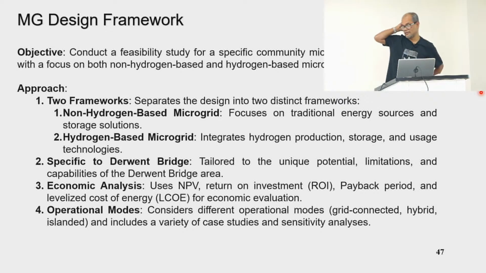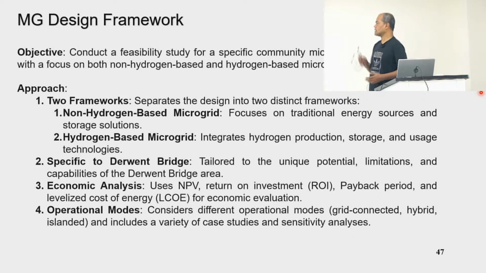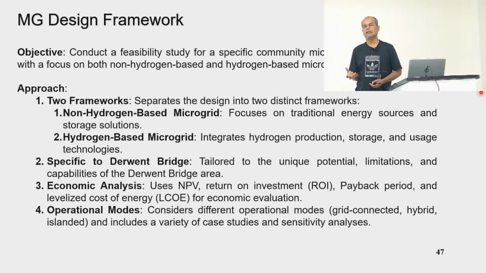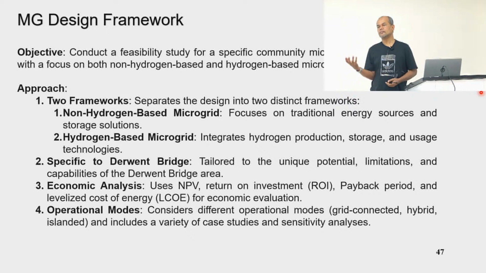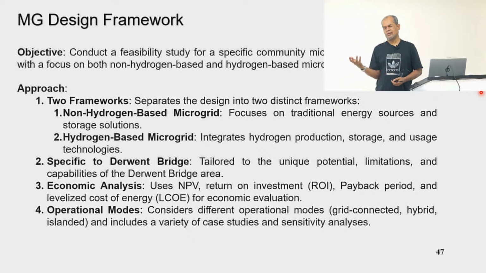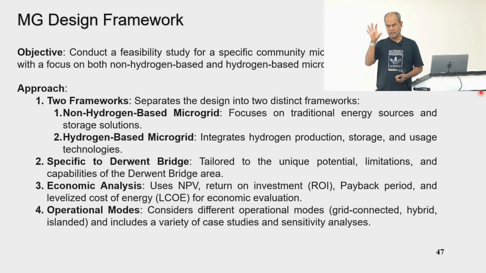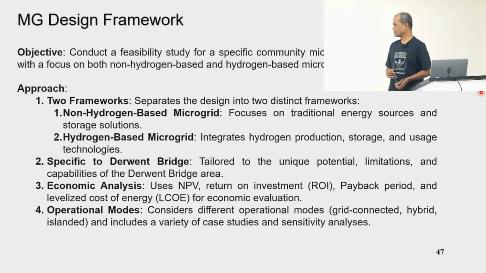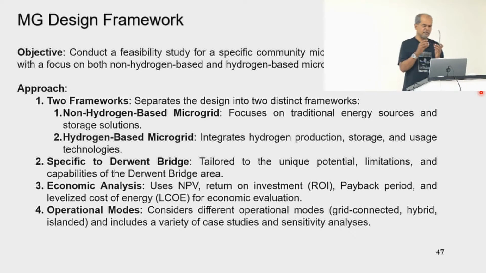Now once you have a good understanding of the demand profile and also what generation technology you're going to use based on the local weather condition, then you go for microgrid design. Again, for design you will find many algorithms available in the literature.